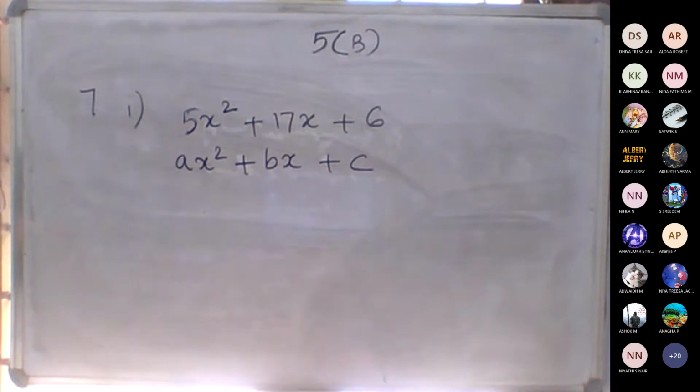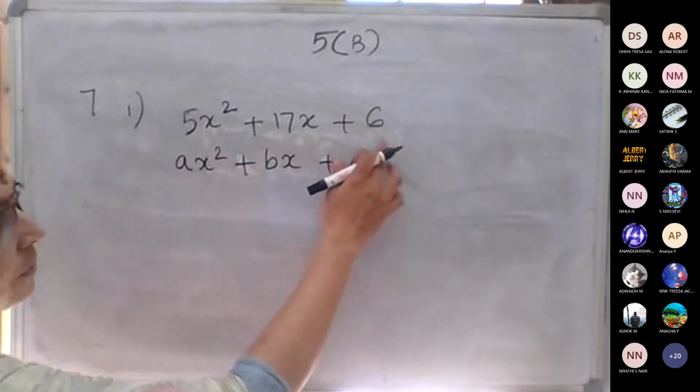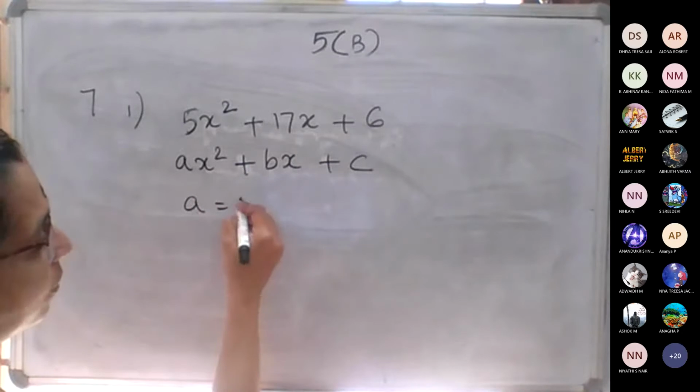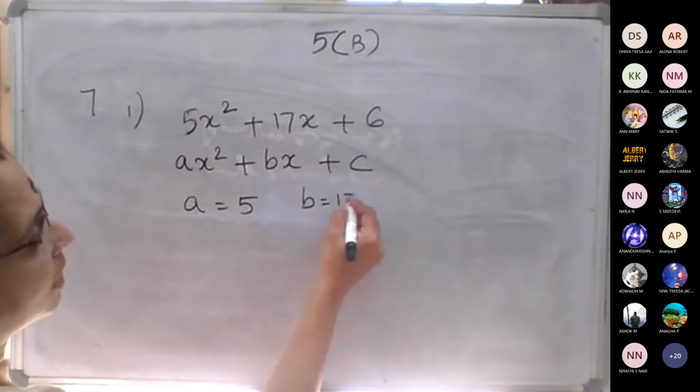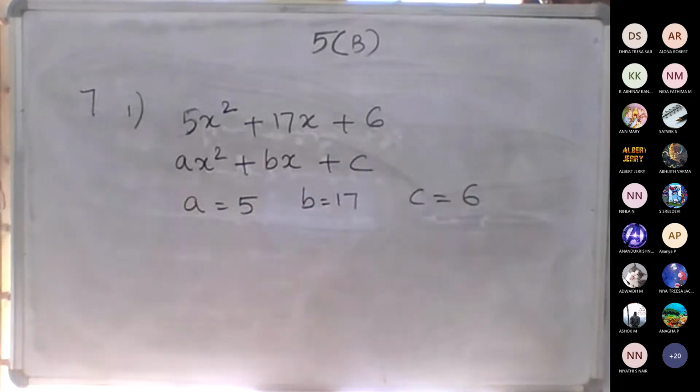So for the quadratic equation ax square plus bx plus c equal to 0, that means 5x square plus 17x plus 6, here a stands for 5, b is 17, and c is 6.